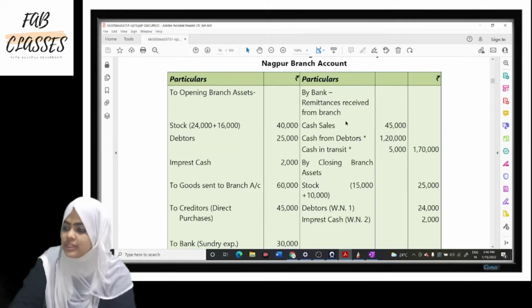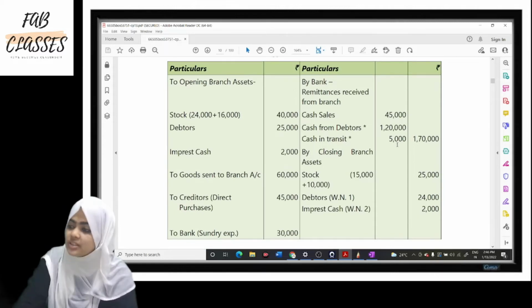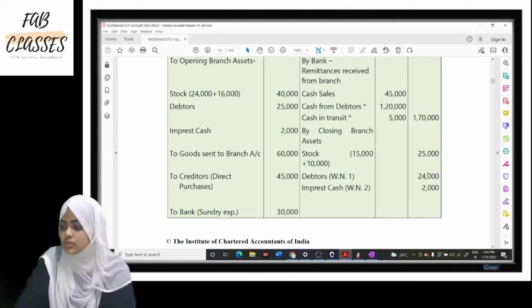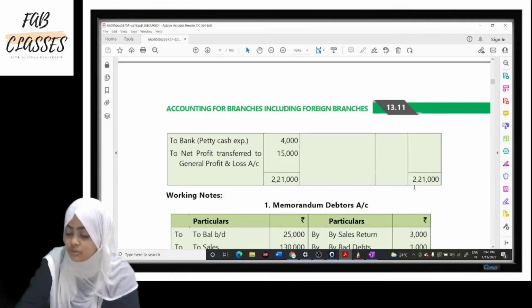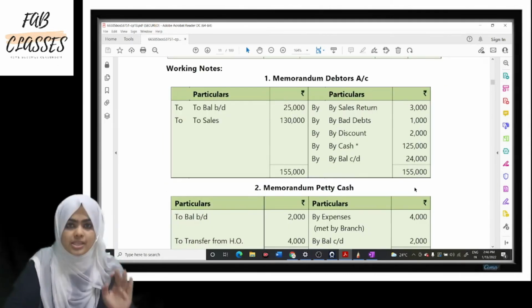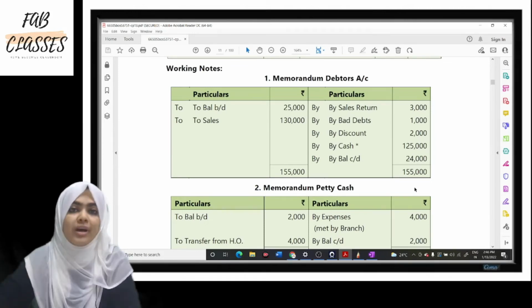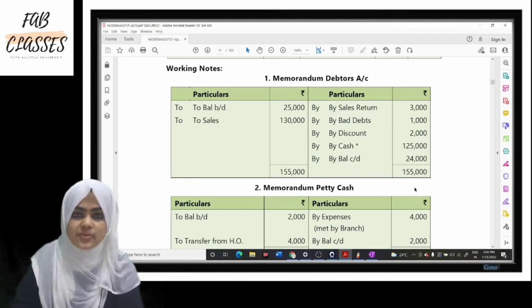Here also every entry is correct. Cash sales was 45, cash from debtors was 1,20,000, cash in transit is 5,000, closing balance is given: stock 25, debtors 24, imprest cash 2,000. So everything is perfect. I hope you understood this solution.